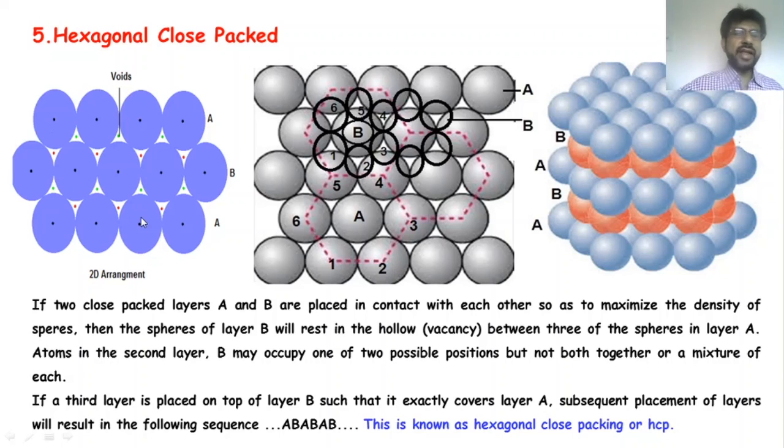So if we arrange a number of layers of spheres over one another, there is the formation of a stacking of layers. So in this way, if we place a number of layers of spheres one over another, its density will also increase.